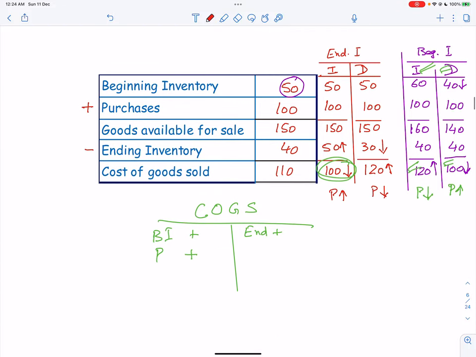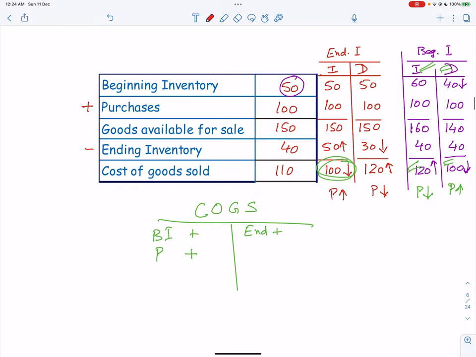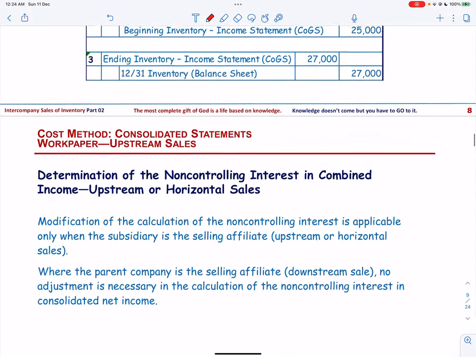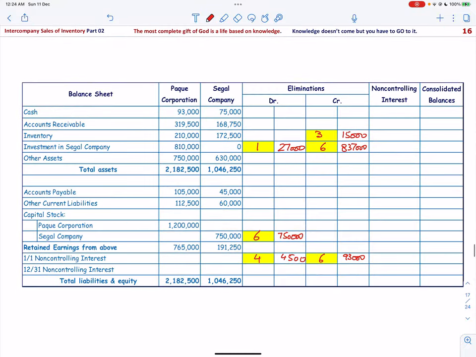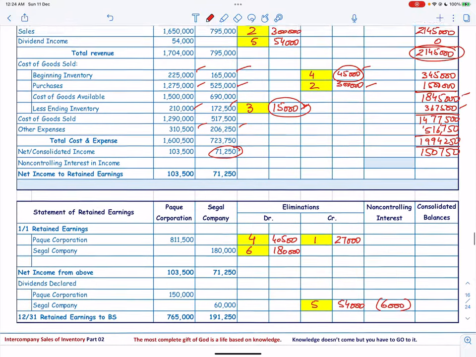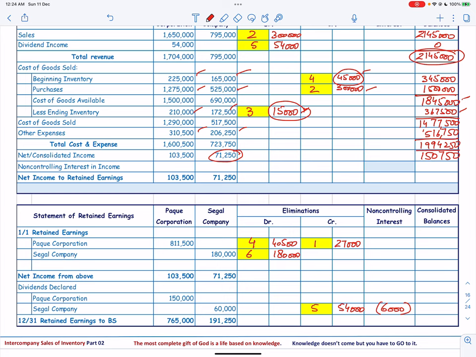So this amount should be subtracted, and that's why I said that this sheet must be, although it is simple, but the rules must be in your mind, so that you can quickly analyze how the things are happening. So we are going to add 45,000, the profit that was deferred from the previous year, and subtract 15,000, that is the intercompany profit that was in the ending inventory, from the net income of S company, and then we are going to calculate 10% of it to be determined.